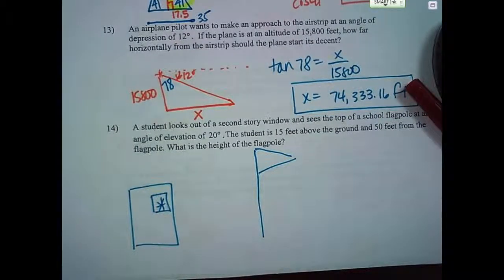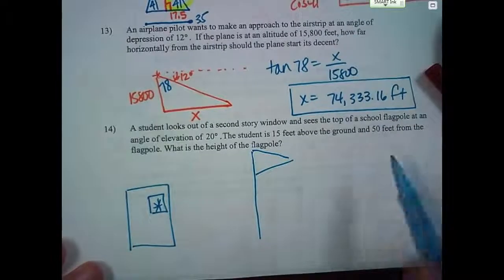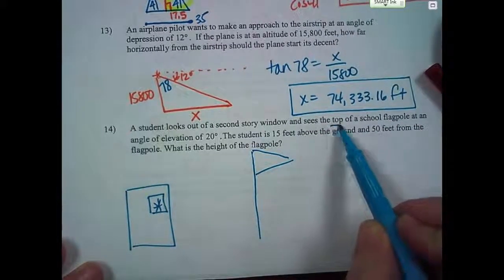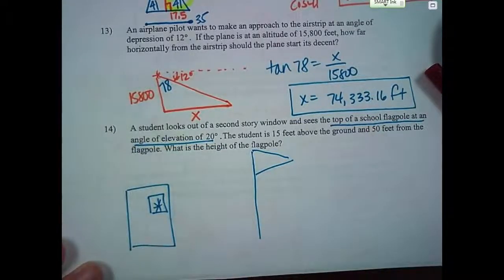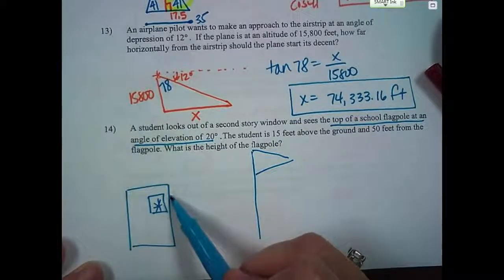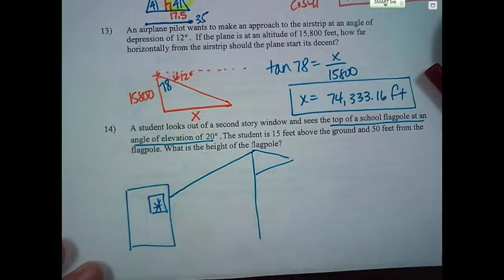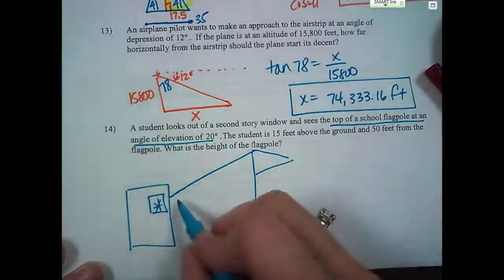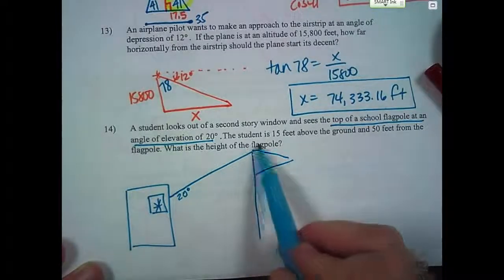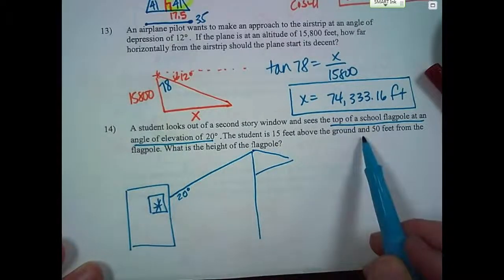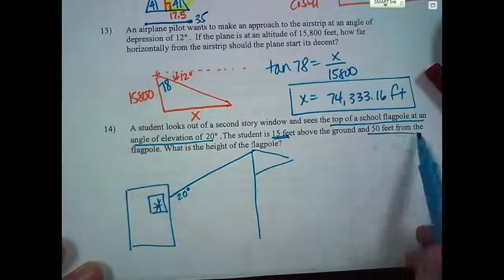Okay? And it says that the student sees the top of the school flagpole at an angle of elevation of 20. So here's the eyesight of the girl, and she's looking here at 20 degrees. And the student is 15 feet above the ground and 50 feet from the flagpole.